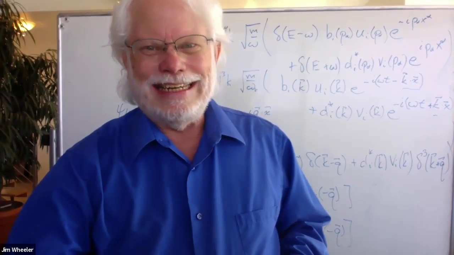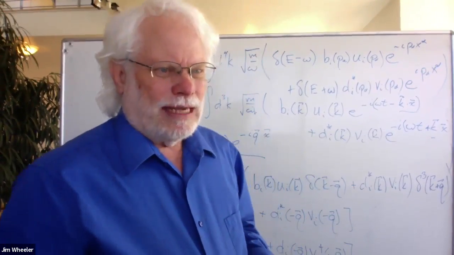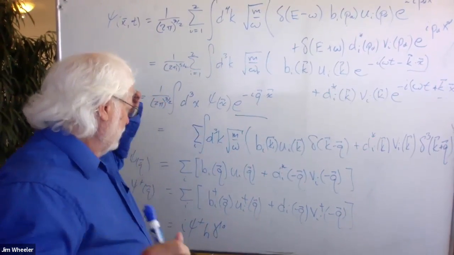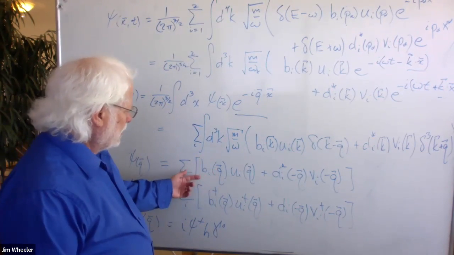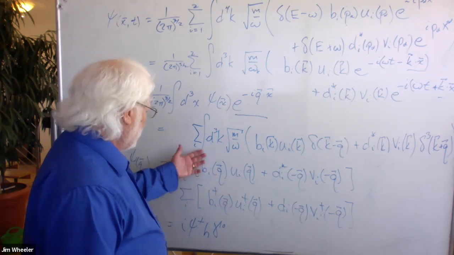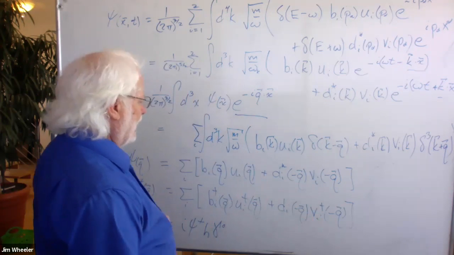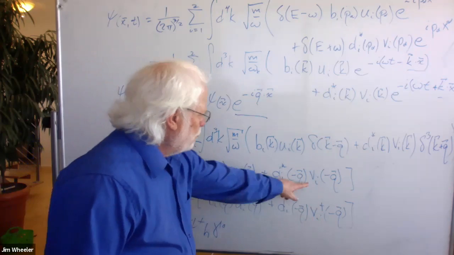So what we need: we can't just add and subtract these things now. With the scalar field, one of these was this plus that, the other was that minus that, but there weren't these basis spinors.